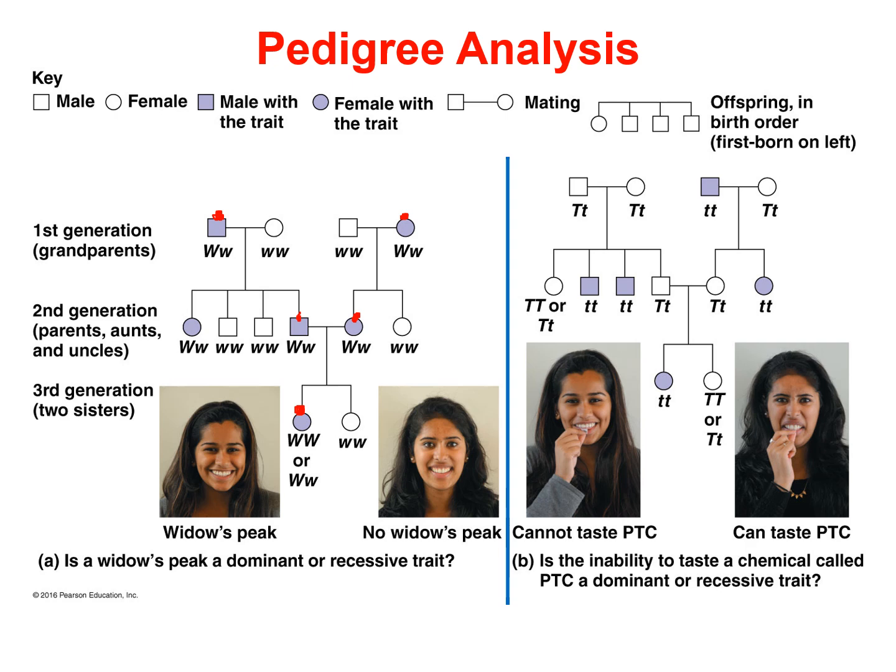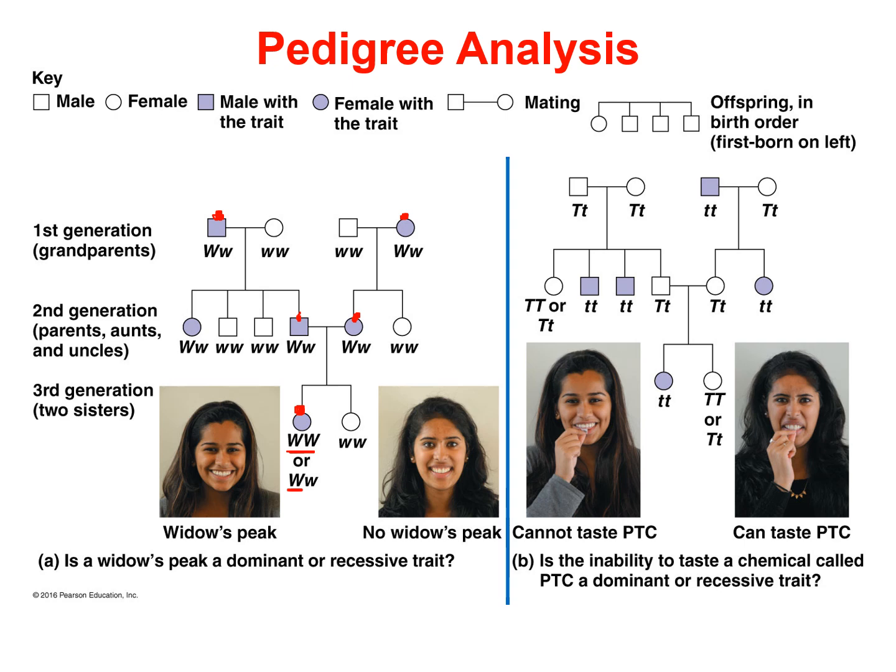And so you can see how a widow's peak is in every generation, and so this would be a dominant trait. You can also see they've got the genotypes here, and you can see the big W. So widow's peak would be dominant.